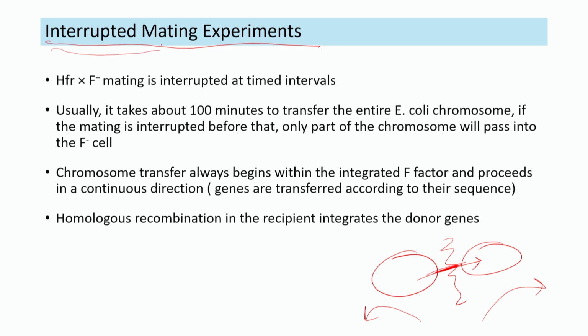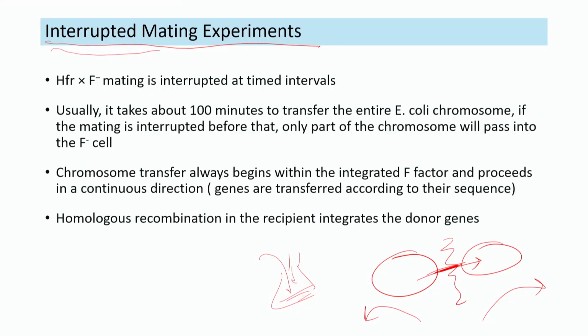And in an experiment, how do we usually do this kind of interruption? When these people did this kind of mapping, they allowed the bacteria to grow, and both the strains came into contact. Then they took this solution and transferred it into a blender, and when you give a high speed in a blender, the bacterial cells get vigorously shaken and the connections between the two cells are broken, right?